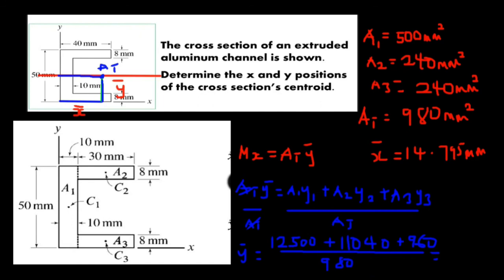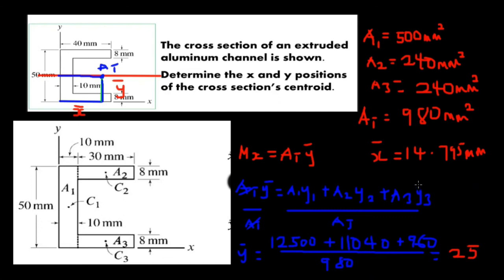You can punch all this on your calculator. I don't have much space here, so I'll go ahead and punch everything on the calculator. Divide by 980. So this gave me 25 millimeters.